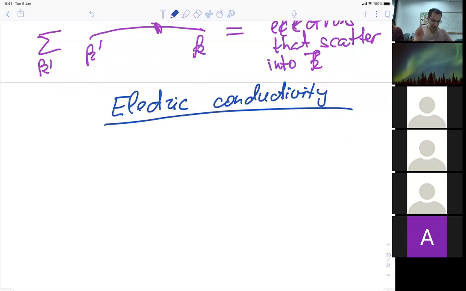Okay, so first of all, let us look at the Boltzmann equation once again.